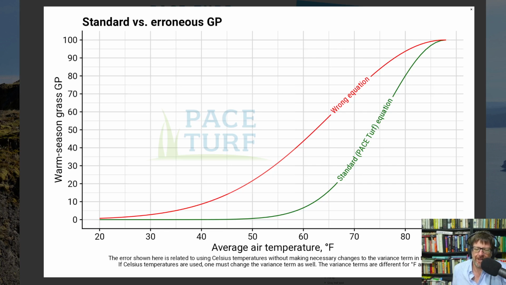And there are two lines that I plotted on this chart. One line is the green line, and the green line is labeled Standard Pace Turf Equation. And the growth potential is 100% when the temperature is in the high 80s.